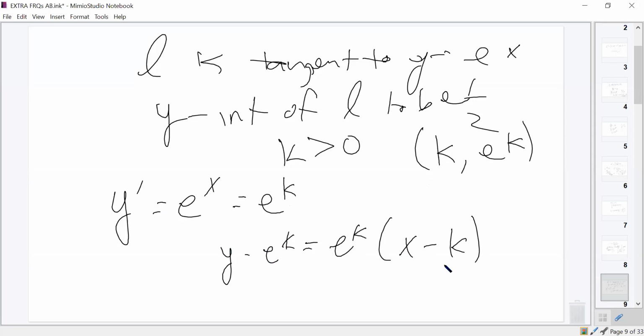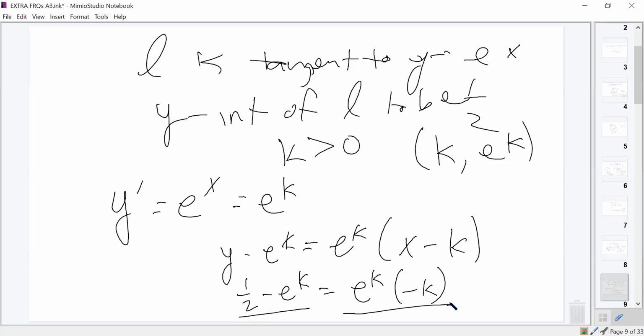And then we're looking for the y-intercept to be a half. So if we want a y-intercept, that means that x is equal to 0, and y should be a half. So 1/2 minus e to the k is e to the k times 0 minus k, or negative k. So you just graph this function, you graph this function, and you use the intersect function on your calculator to find out what k is. Does that make sense to everybody or no?